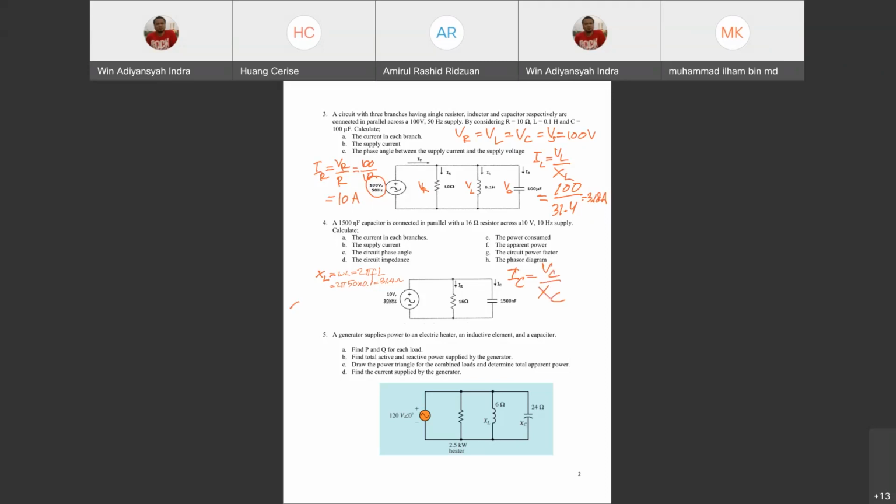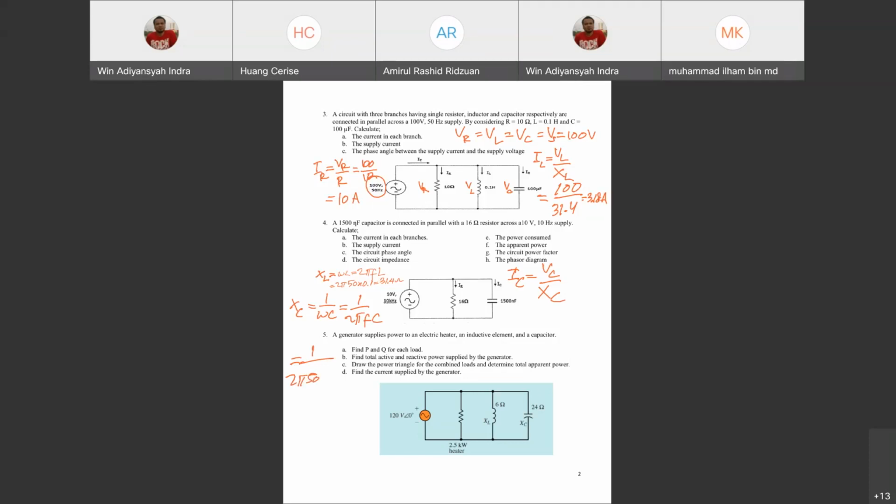The formula for XC is 1 over 2 pi FC. 2 pi F, F is 50.